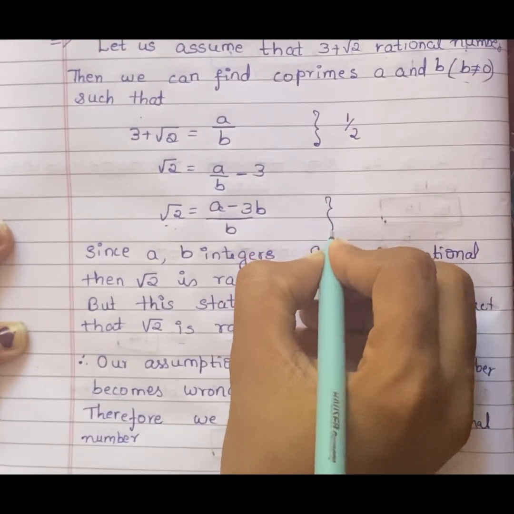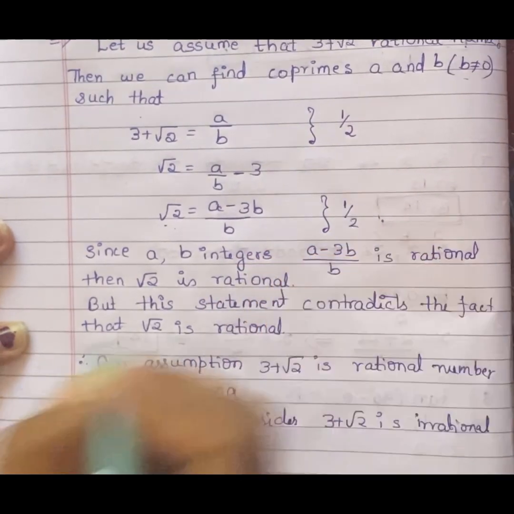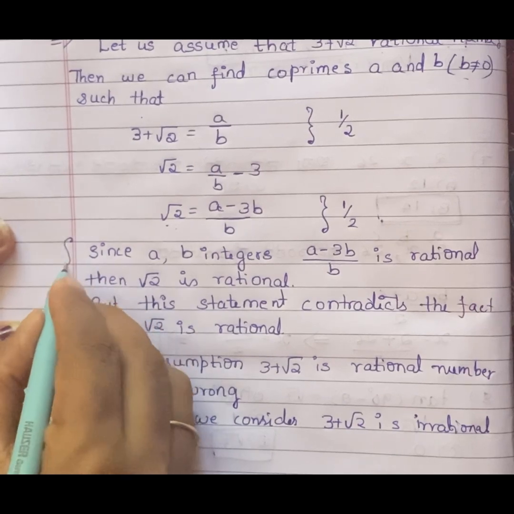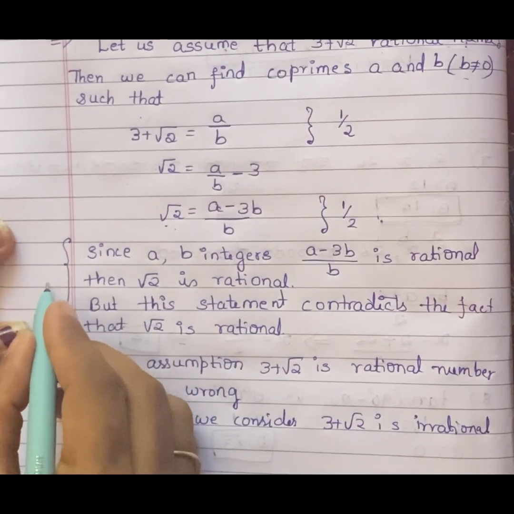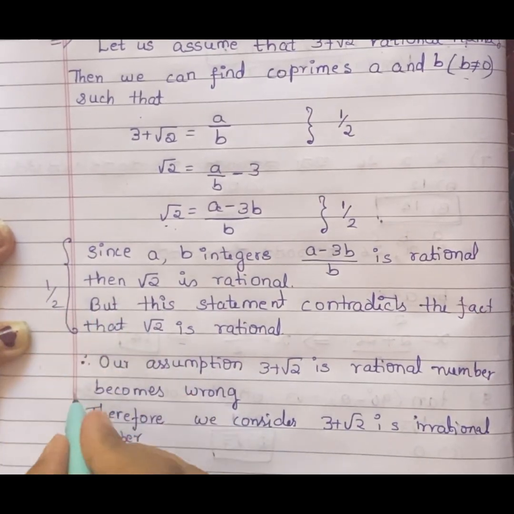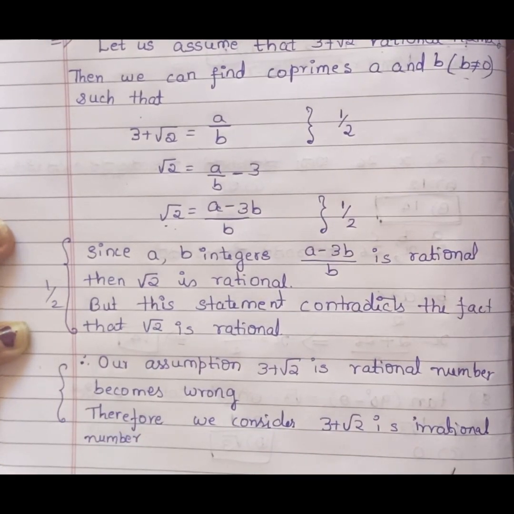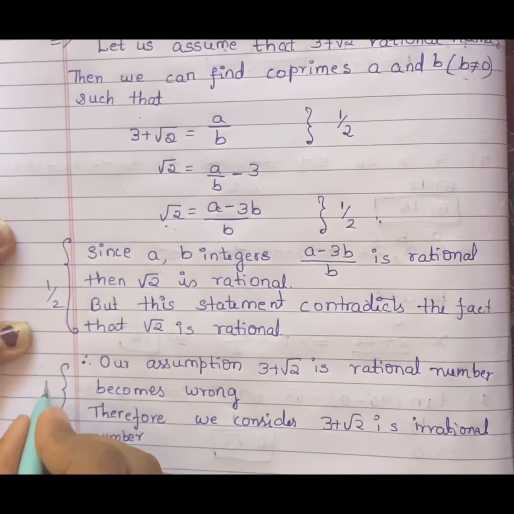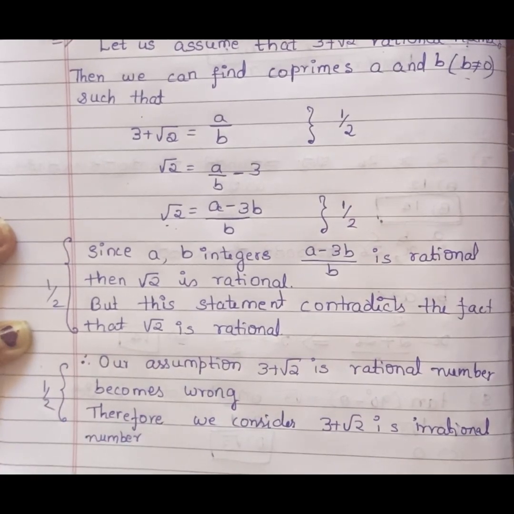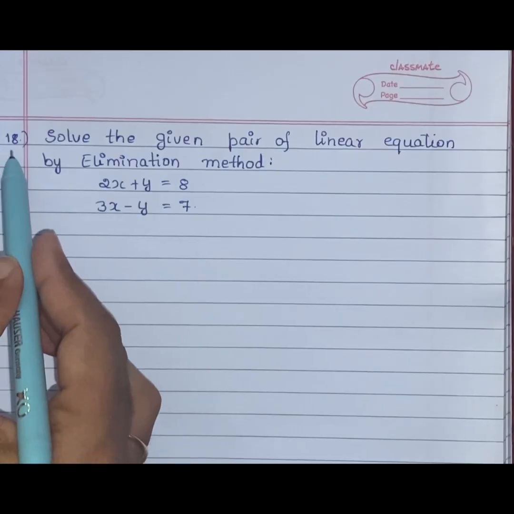Then the substitution method carries half a mark. Then the write-ups here carry half, and the final statement, where we conclude 3 plus root 2 is an irrational number, carries half a mark.